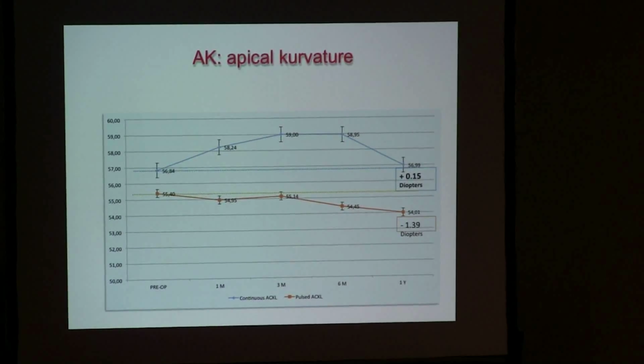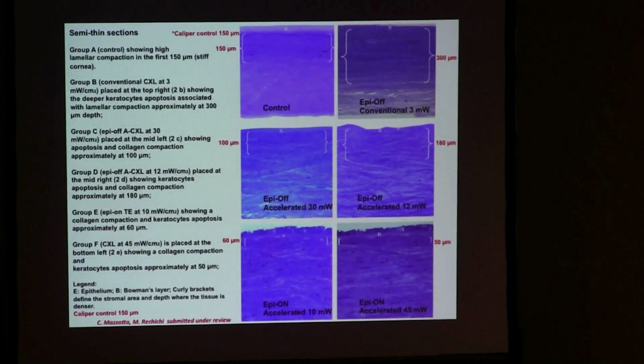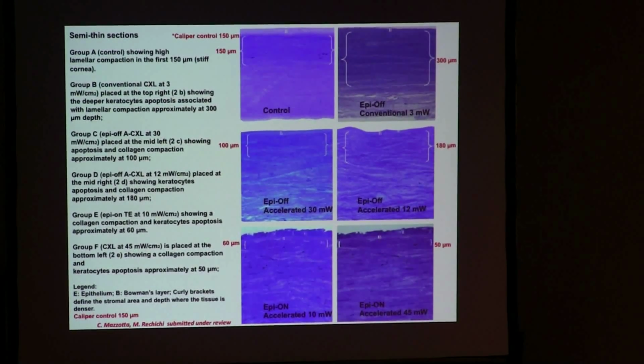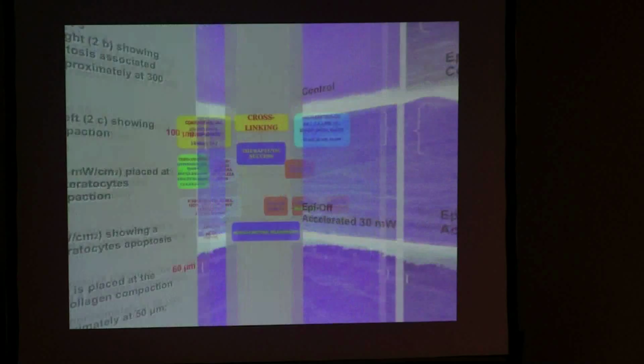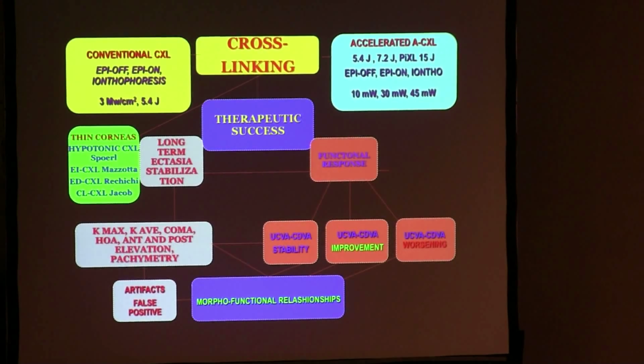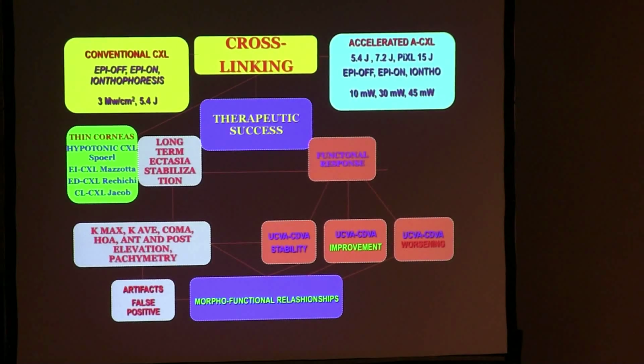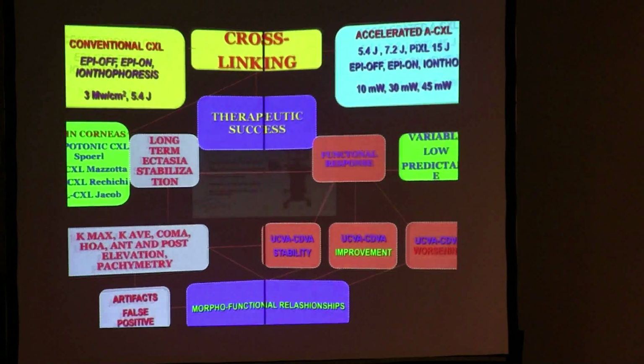So our impression was that oxygen used in this way is useful. We also performed some histologic sections in which we demonstrated how the more power you use, the more superficial it goes. And actually, this is the protocol that you can use with an actual machine that is very widespread.